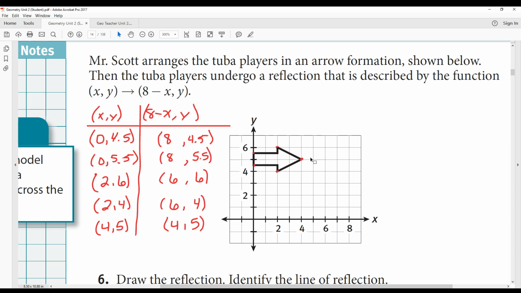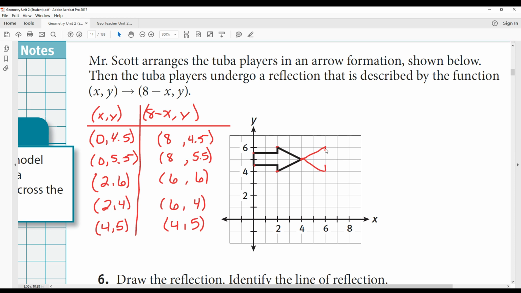I have a point right here at 4, 5. I have a point at 6, 4. And I have a point at 6, 6. And those are the ends of the arrow. I didn't find those inside points, so I'm just going to go here because I'm going to just copy this.